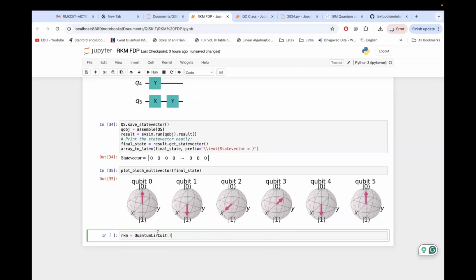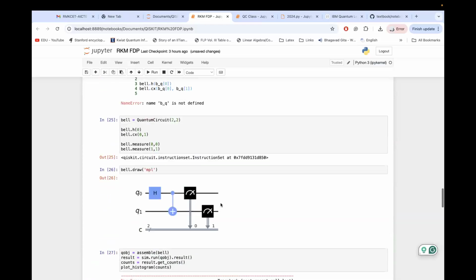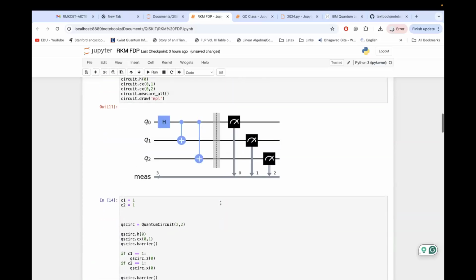We can define how many qubits you want. For example, if you want only one qubit, just give 1. That means you have a quantum circuit named RKM, and you are going to have only one qubit in your circuit. Once you define that, you can draw the circuit.